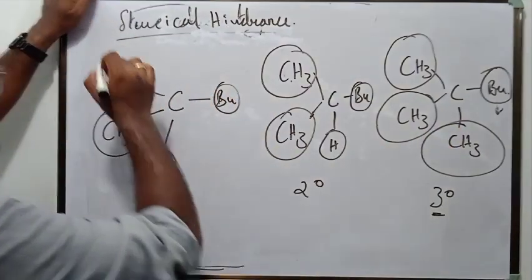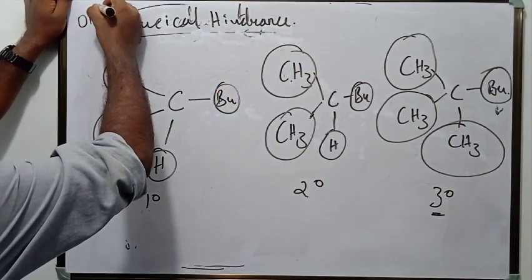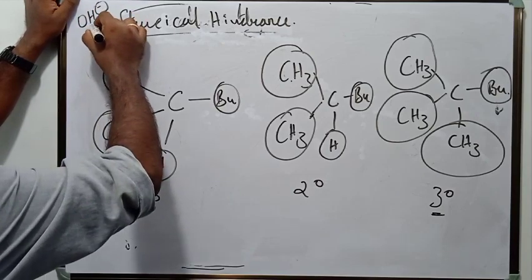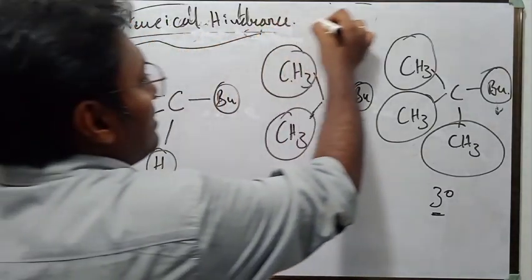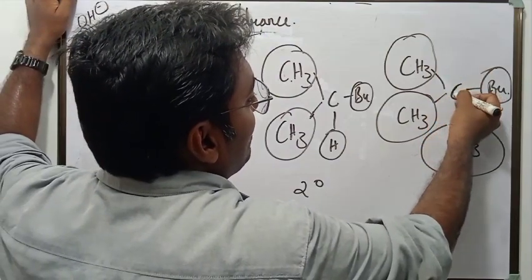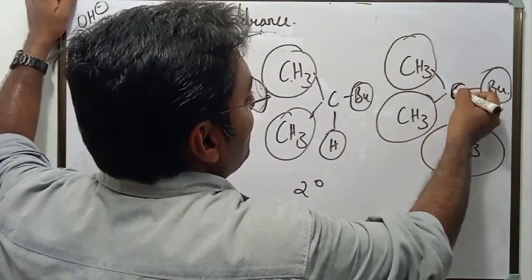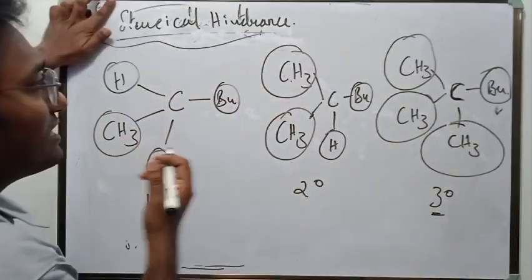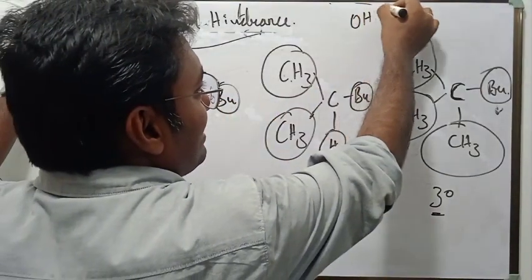Now if OH minus, that is the nucleophile, how can it attack a tertiary? From where will it attack the tertiary alkyl halide's carbon? It has to attack this carbon. How will an OH minus attack this?